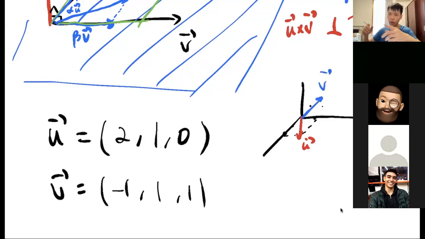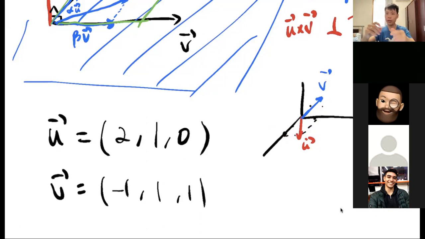You can see that u lies on the XY plane here, and then v sticks out. Imagine this is the XY plane, with the Z-axis up, a flat plane.